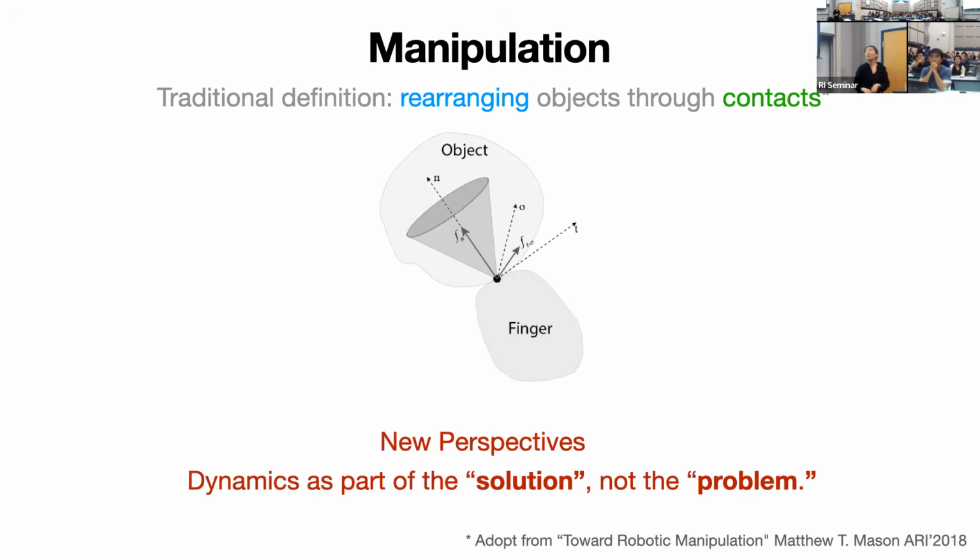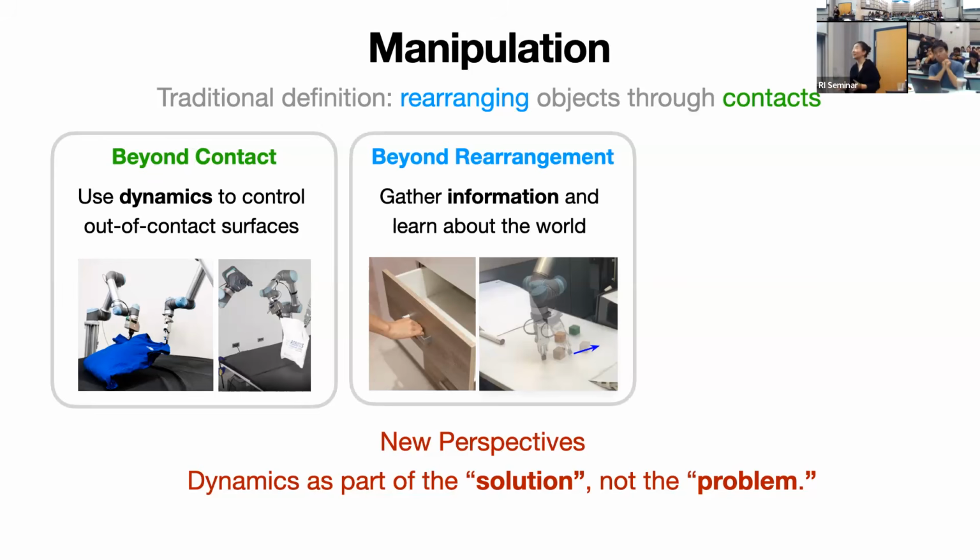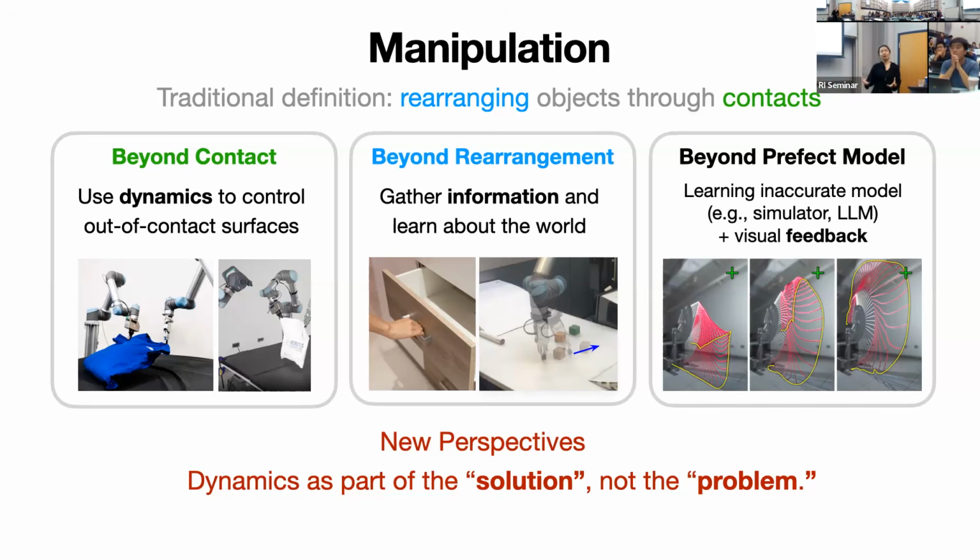So for example, we can start to think about manipulation beyond contact, like using acceleration and air flow to control those out-of-contact surfaces. We can also extend the role of manipulation. Instead of thinking about it as a way to rearrange our world, it can also be a very useful way to help us collect information and know about our surrounding environment. And then finally, we should also rethink the way we model dynamics.